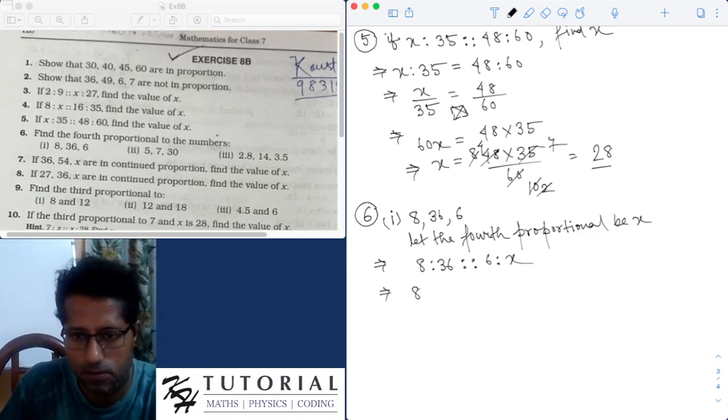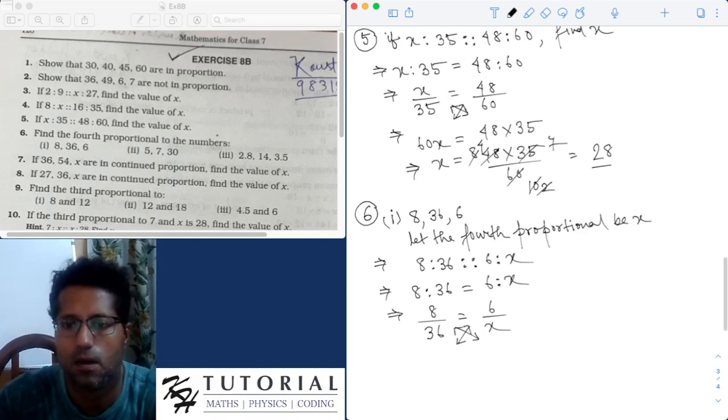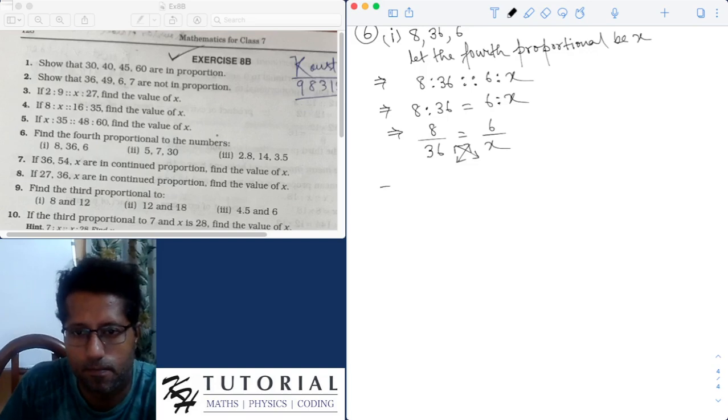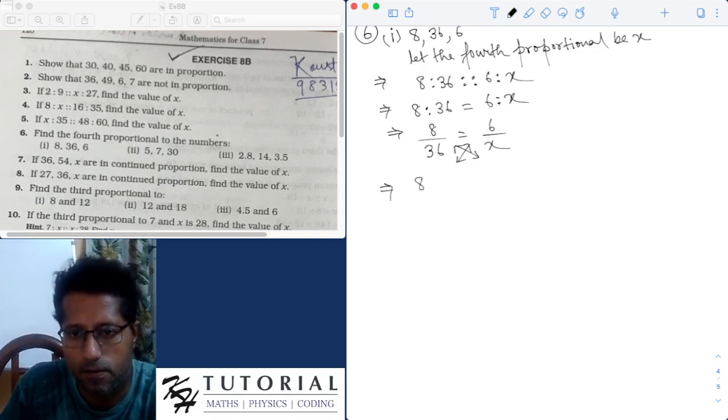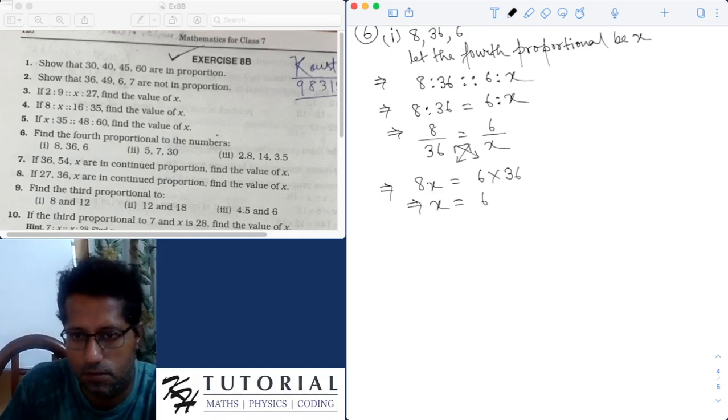This implies 8 is to 36 equals 6 is to x. This implies 8 by 36 equals 6 by x, and then doing cross product we get 8x equals 6 into 36. This implies x equals 6 into 36 divided by 8.